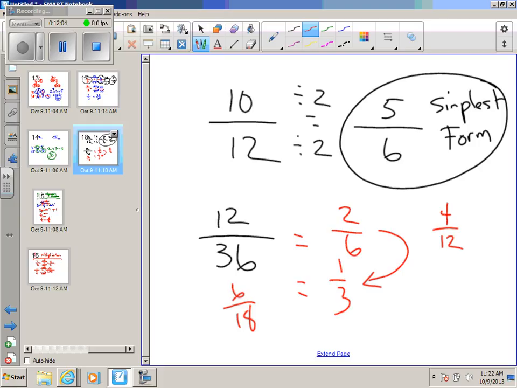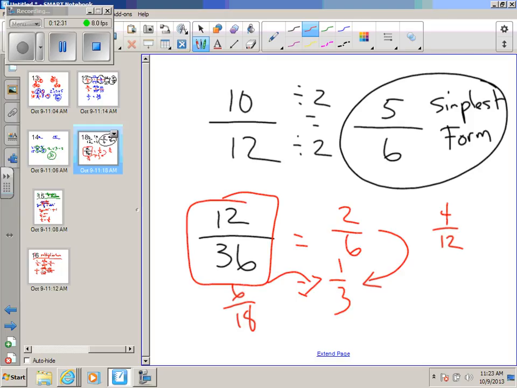Now, sometimes they will ask you to put it into simplest form. And in fact, if you look at 12/36, what is that in simplest form? It's the 1/3. Do you know why? And don't tell me because you can't break it down anymore. Mariah.